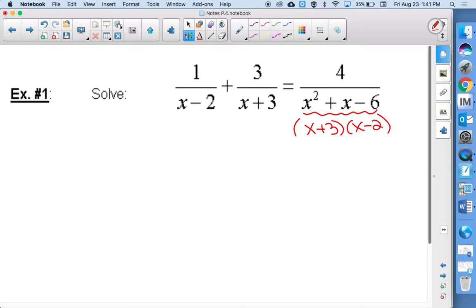So the least common denominator would be the factors that you see in the denominator. Well, there are two of them. You got an x minus 2, we have the x plus 3. So if I take those two values and multiply each fraction by x minus 2 times x plus 3.